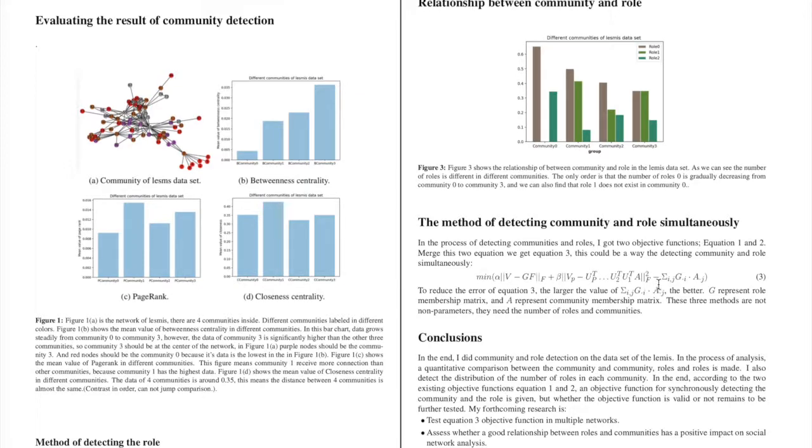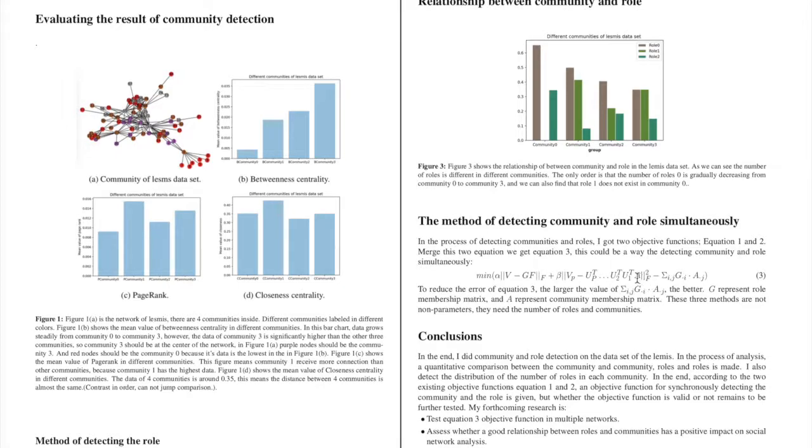And in this objective function, VP represents the adjacency matrix, and U is a different mapping. So if the mapping has 3 or 4, so we have 4, 3, 2, 1. And A represents the community membership matrix.